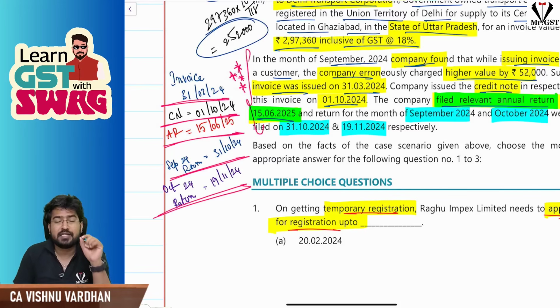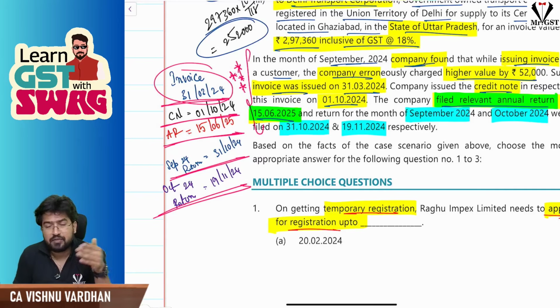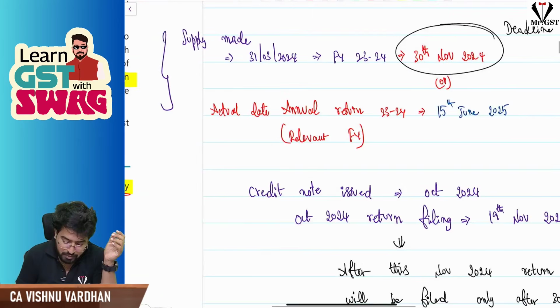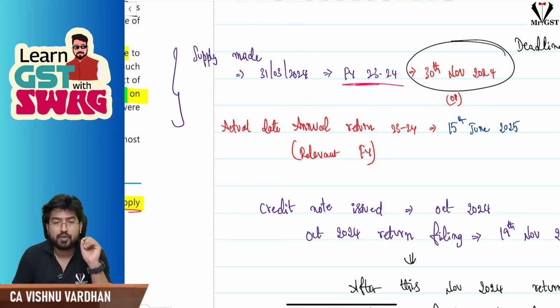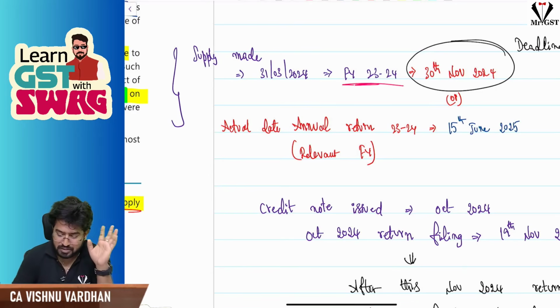Now understand, the deadline to declare credit note details in the GST return is 30th November of the succeeding financial year in which such supply was made. Where was the supply made? This supply was made on 31st March 2024. So the supply was made in the financial year 23-24. Be very careful here, very important point.